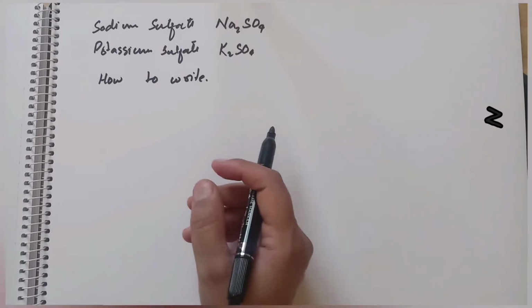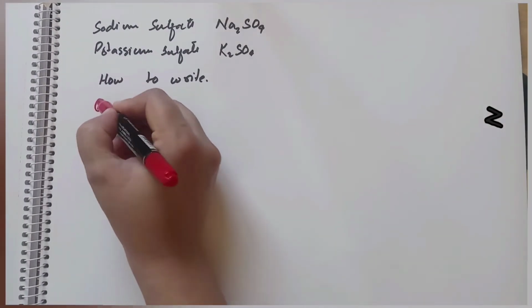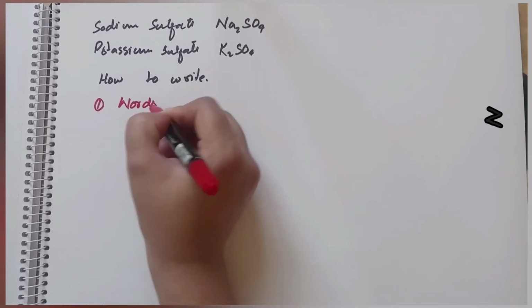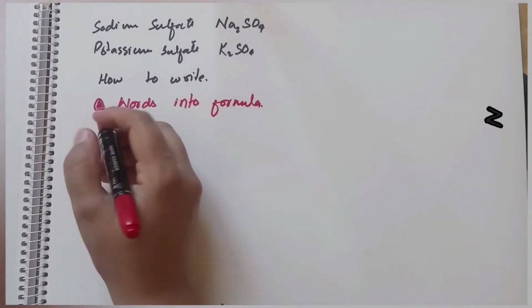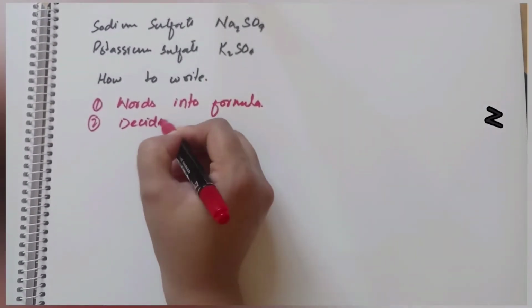So what to do? We just need to read a statement and do the following steps. Number 1, convert the words into their formulas. Number 2, decide the reactant and product.